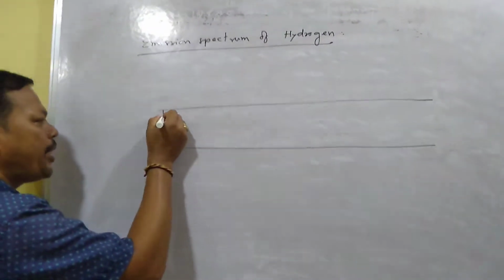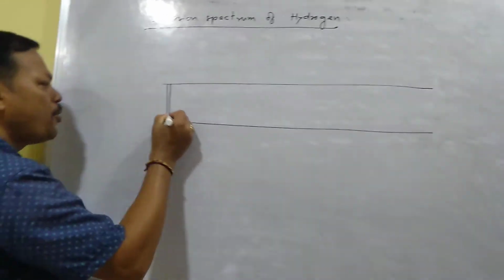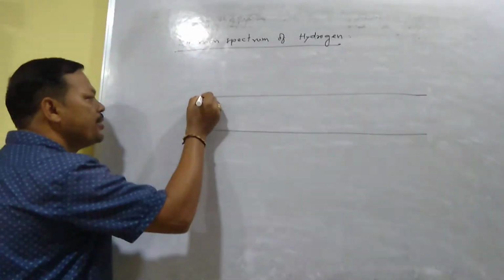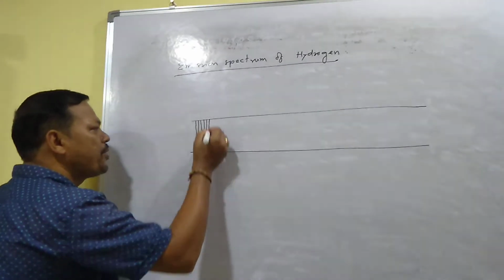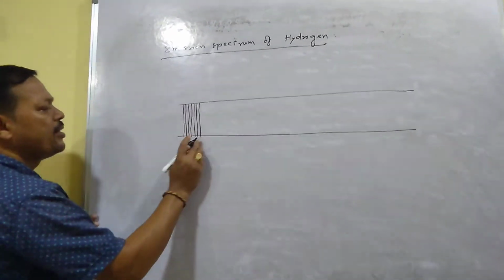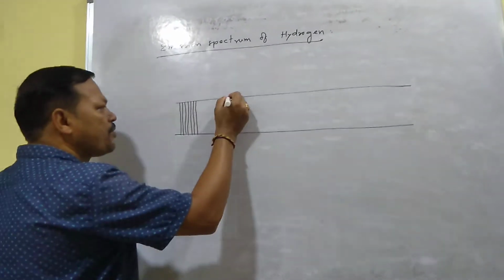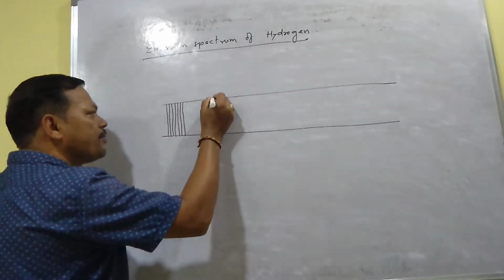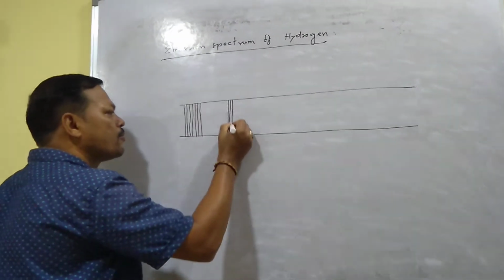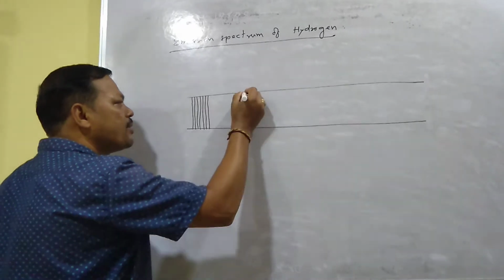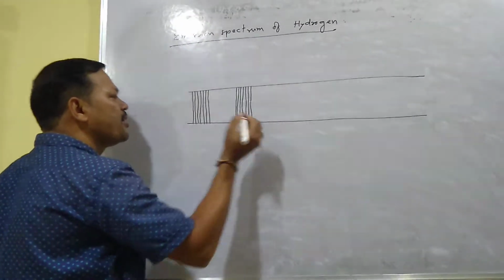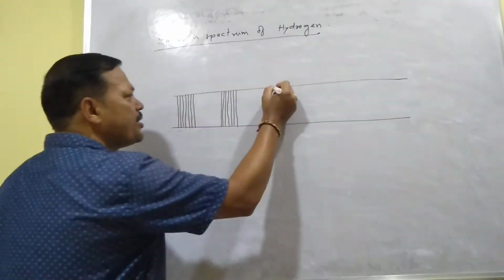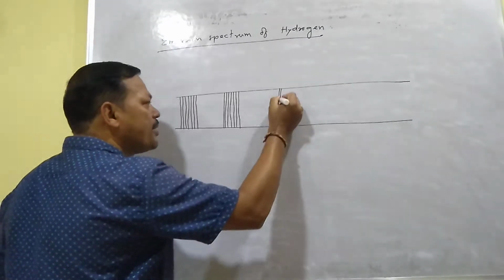So in the spectrum of hydrogen, you will get this type of lines, and the lines are grouped together. This is a group of lines. In the hydrogen spectrum you can see this type of lines. This is a group of lines. This is another group of lines. So some groups of lines you can see, and they are classified into different series. Similarly, this is another group of lines.